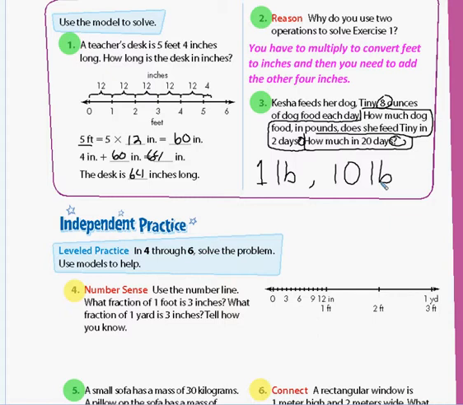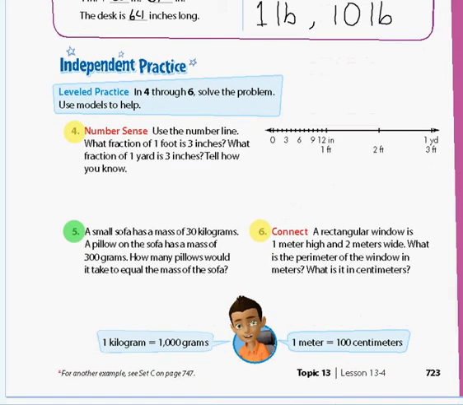Okay, problem number 4. Scroll down a little bit here. In 4 through 6, solve the problem, use models to help. The problem is, use a number line. What fraction of 1 foot is 3 inches? And what fraction of 1 yard is 3 inches?